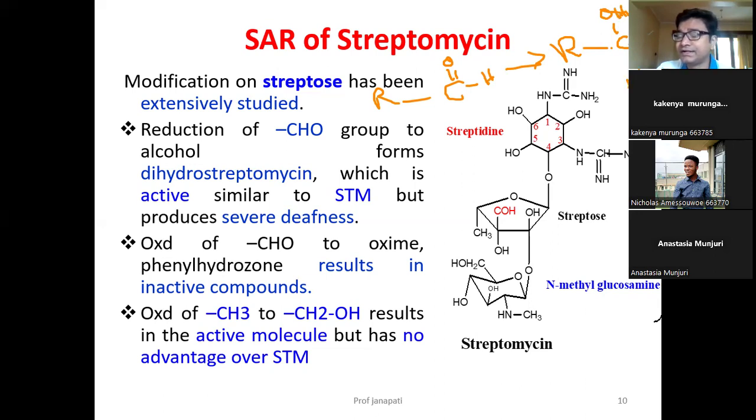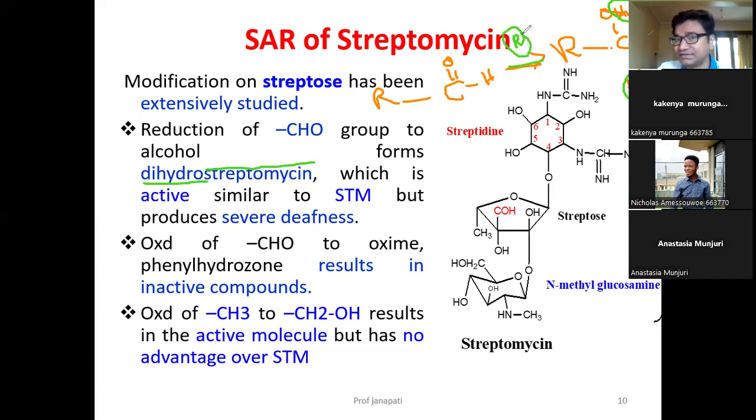Now the drug, what do we call it? Two extra hydrogens came, so we call this dihydrostreptomycin. Why dihydrostreptomycin? Because two hydrogens came extra on the reduction process.